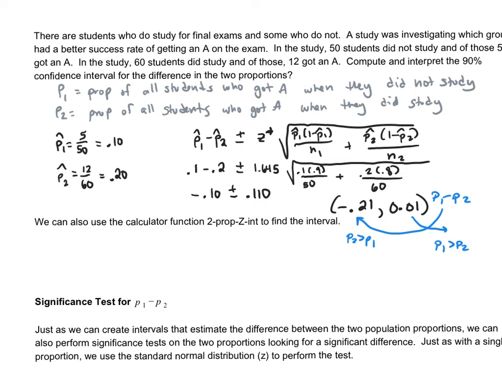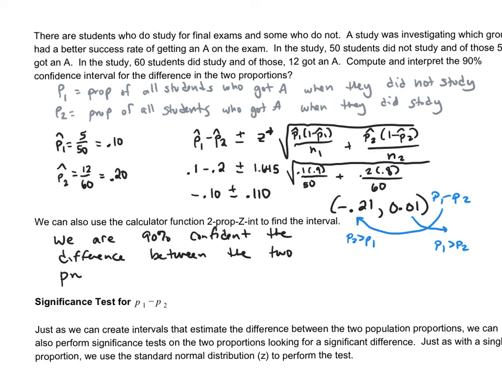But our conclusion would simply say we are 90% confident the difference between the two proportions, and we probably should say the two proportions P1 minus P2, because if we switched it, it would be different, is between negative 0.21 and 0.01.